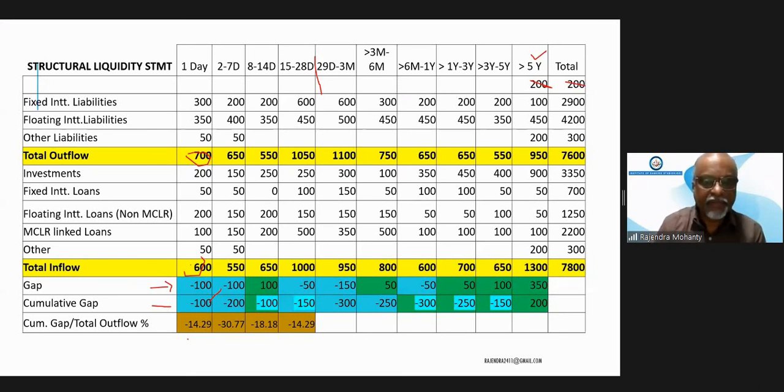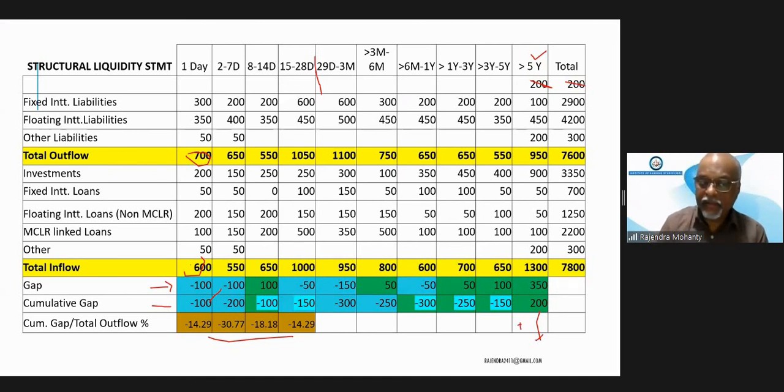Yes. So here, as far as only the gap is concerned, we can say plus or minus something. But if you take the cumulative gap, since all are in minus, that is why it is written in minus. Only here, the cumulative gap at the 5-year period is the only plus. So whatever comes here will be a plus sign.